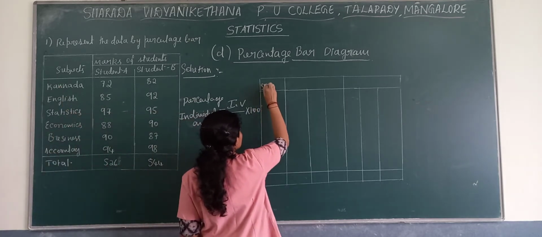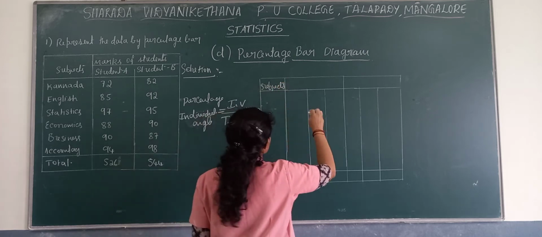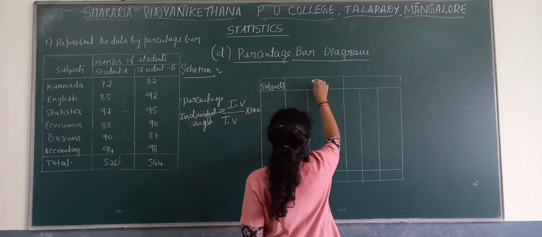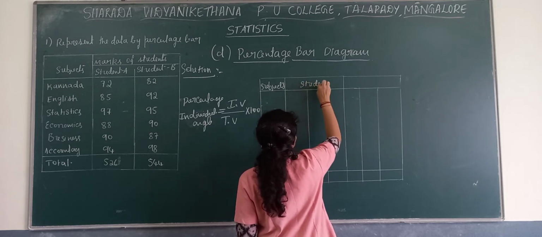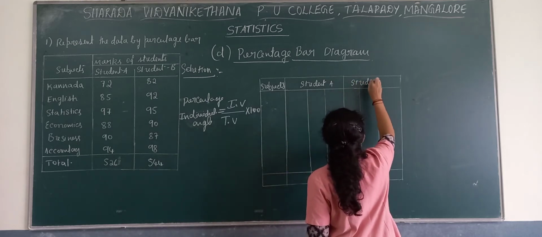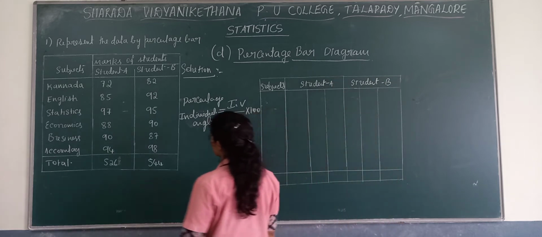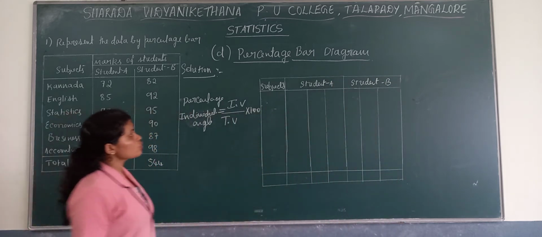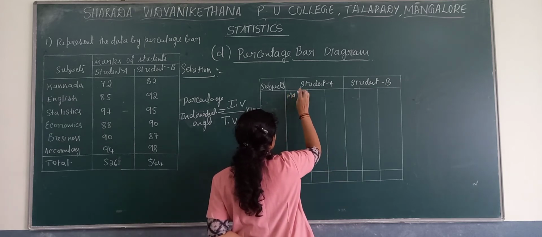Write here subject, and here student A and here student B. Then we need to write here the marks, the original marks they have scored.